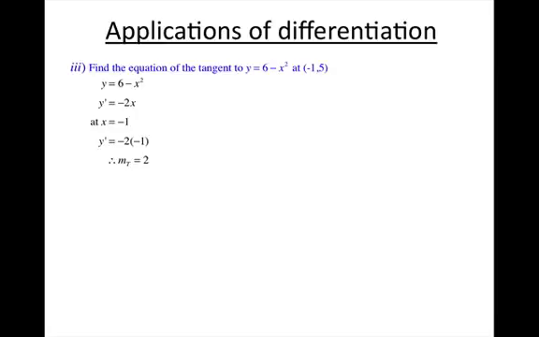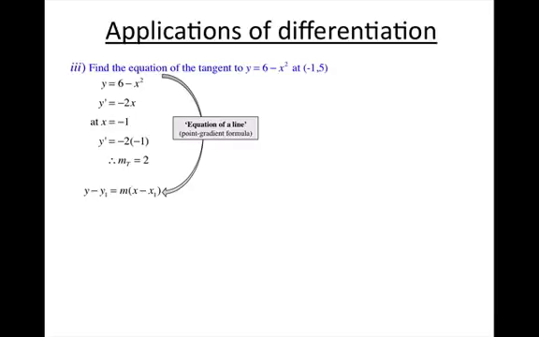Now, as I said, the extension in this question is that they say find the equation of the tangent. So we know from coordinate geometry a couple years ago that when we want to find the equation of a line, we've got to use our equation of a line formula. And the formula y minus y1 equals m(x minus x1) is the best one to use.